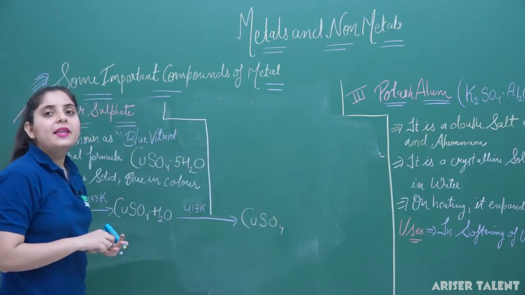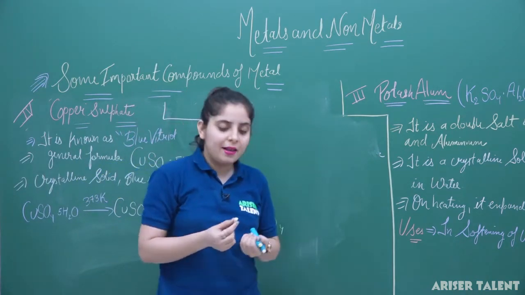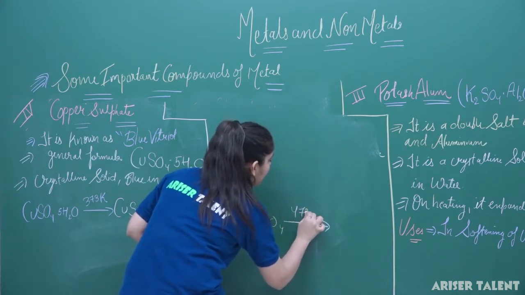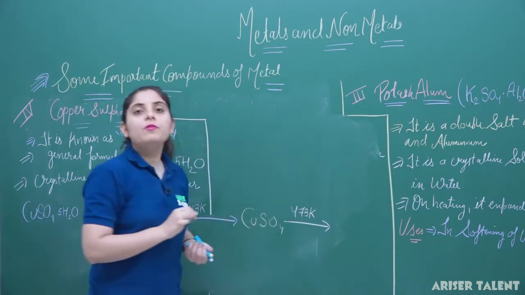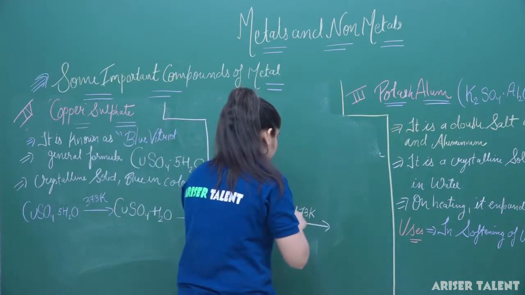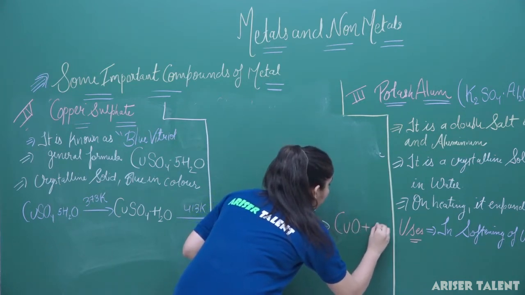Now again increasing the temperature to 473 Kelvin, what will we get? We will get copper oxide along with sulfur dioxide. So the products here will be CuO plus SO2.